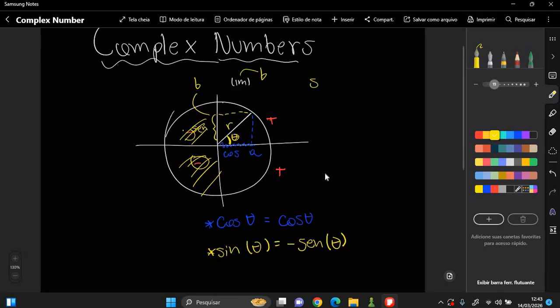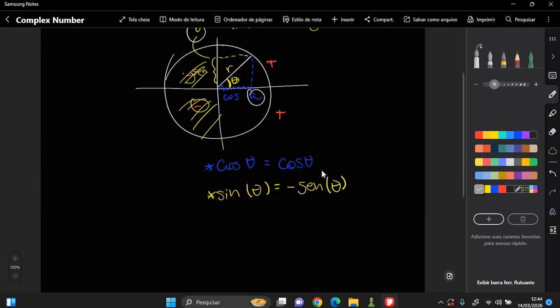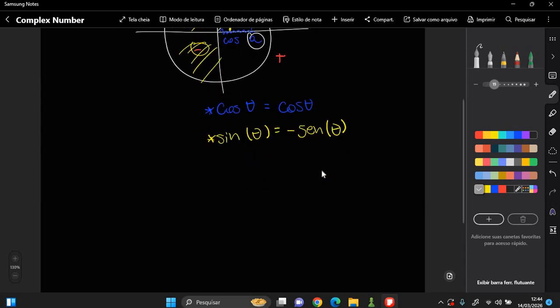So as this is the imaginary part and this is the real part, we are going to have the following for the Euler equation. Euler: the exponential of j times theta is equal to cosine of theta plus j times sine theta.